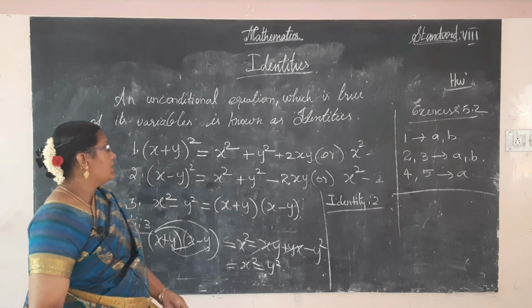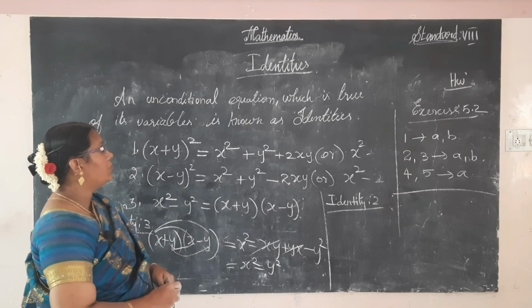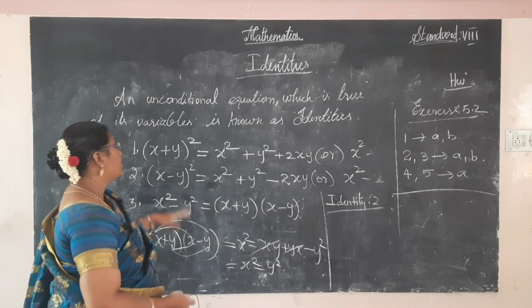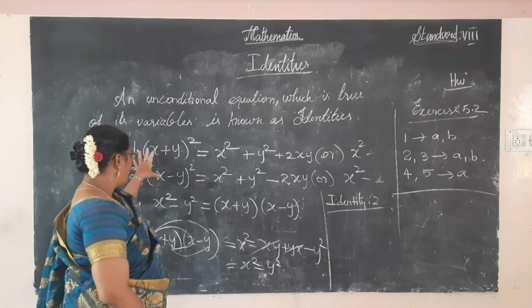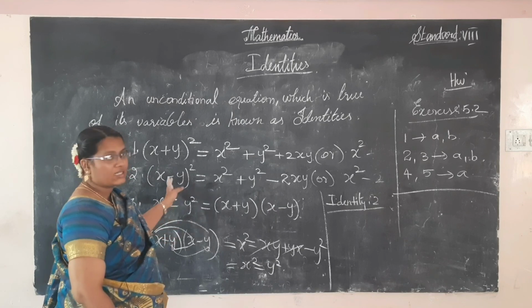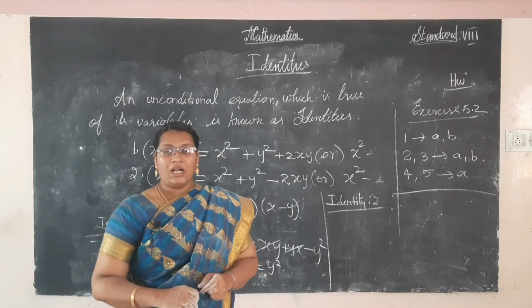So what is the definition of identity? An unconditional equation which is true for all the values of its variable is known as an identity. So we have learned three types of identities. In the next class we will see how to apply these identities in algebraic expressions.